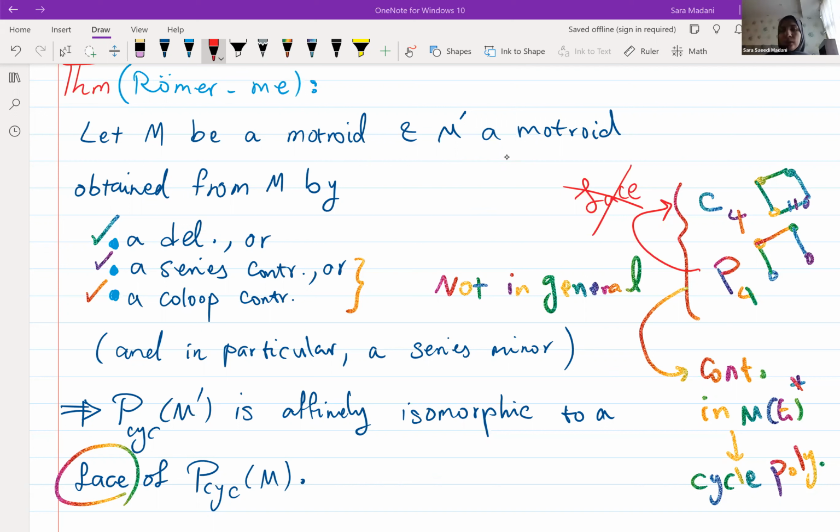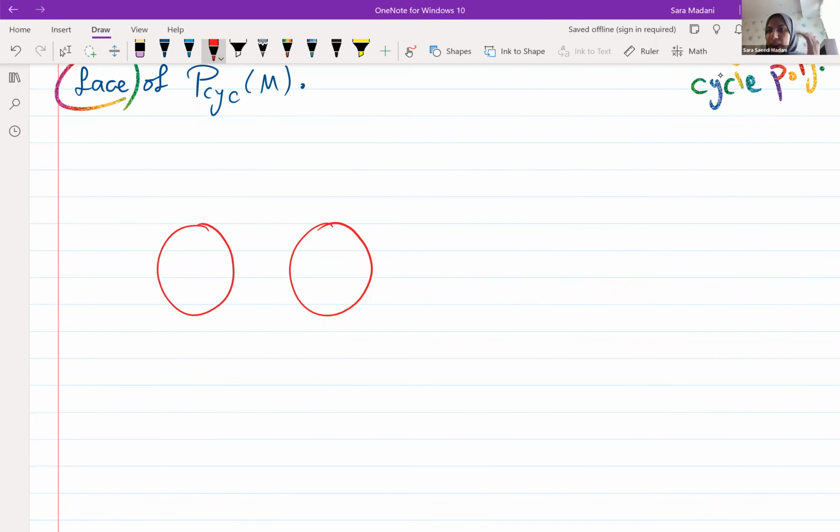You can assume that your graphs are connected because, for example, if you have two connected components here, as you've seen in my lectures, I do not care about vertices that much. What I'm really concerned about are edges, right? And if I have two components, I just pick one vertex from each component and I just glue them to each other.